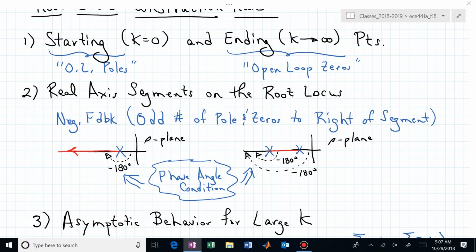And the only points on the real line that belong to the root locus are those points between those two poles, irrespective really of where they are located. One could be at minus 1/2, another one could be at minus 20. We still have that segment between them on the root locus. That needs to be second nature to you as you're going through this construction of the root locus.